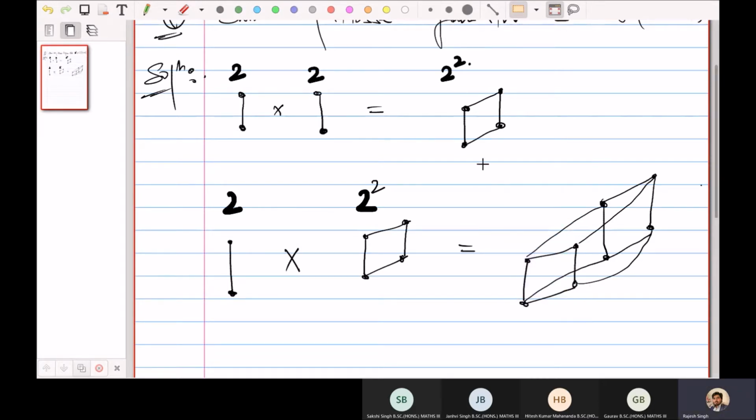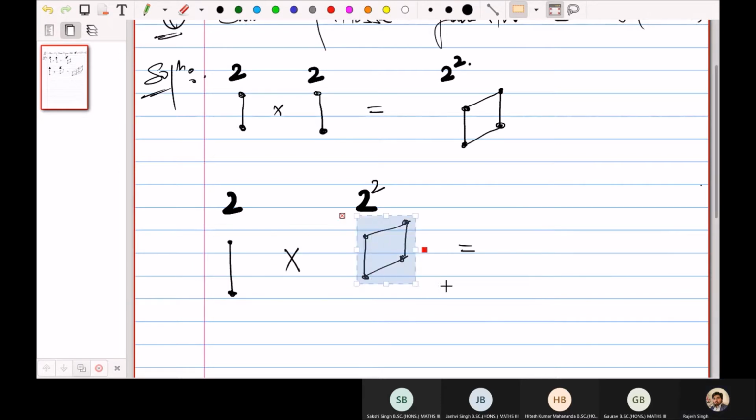Let me draw it properly. So it will look like a cube. This one, and one slightly above the other. So we can make it like this.